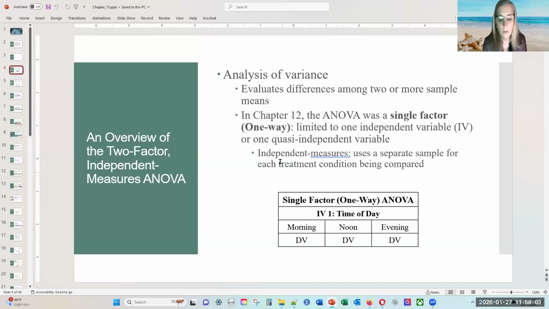All right, so when it comes to analysis of variance, it evaluates differences among two or more sample means. And for the last chapter that we looked at, we were looking at how to calculate ANOVA if we had only one factor, right? And remember, when we say factor, we're talking about independent variables, right?